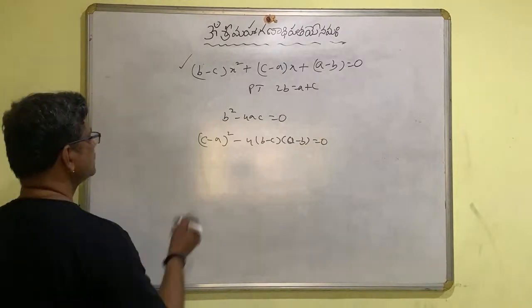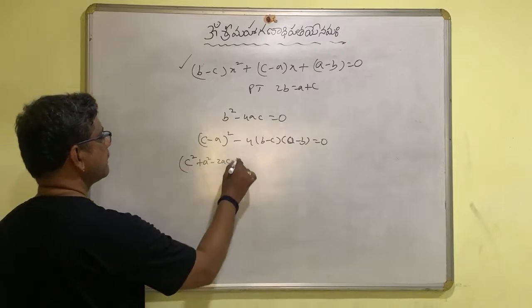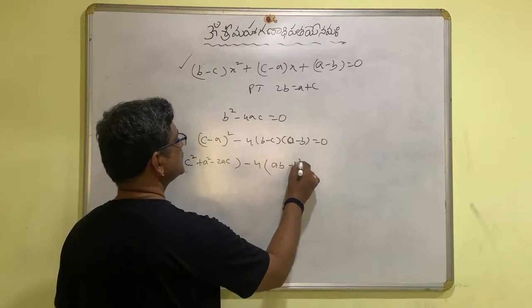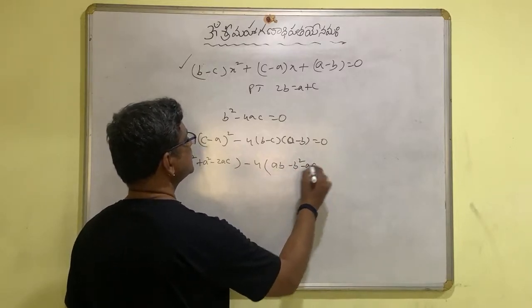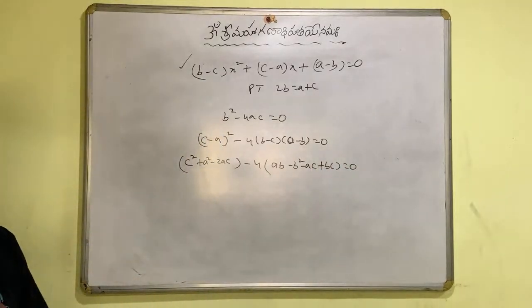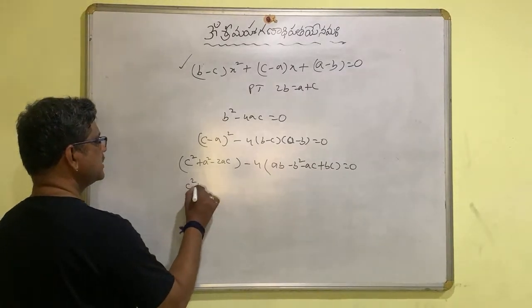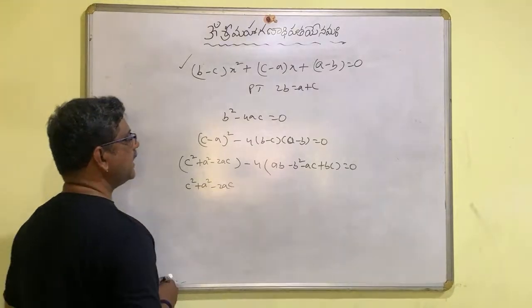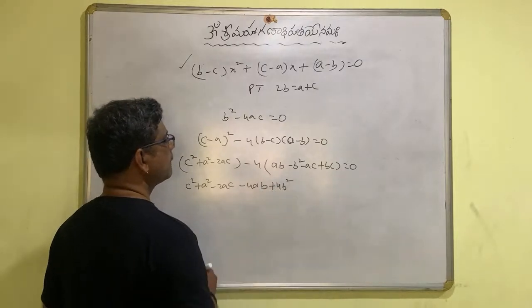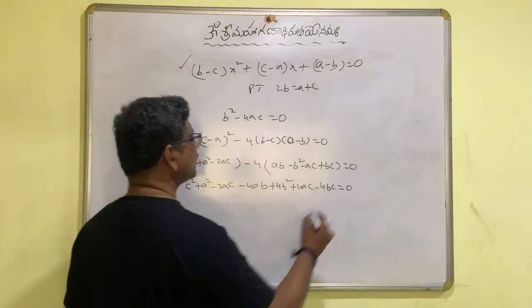Now simplify this. c square plus a square minus 2ac minus 4 into ab minus b square minus ac plus bc is equal to 0. Okay children, now further simplification. c square plus a square minus 2ac minus 4ab plus 4b square plus 4ac minus 4bc is equal to 0.